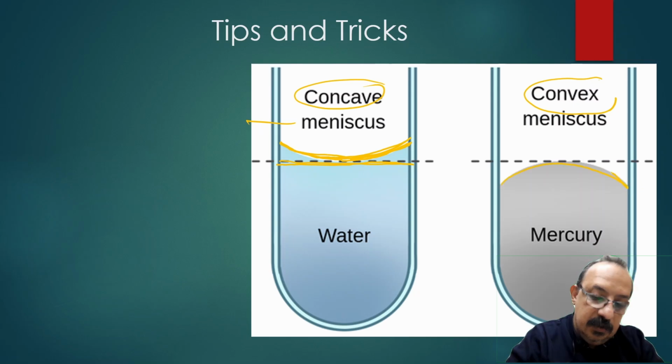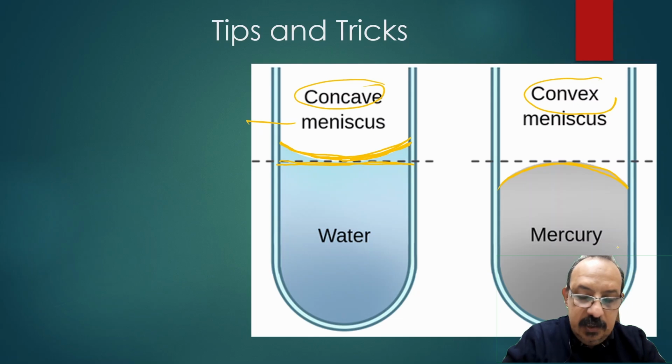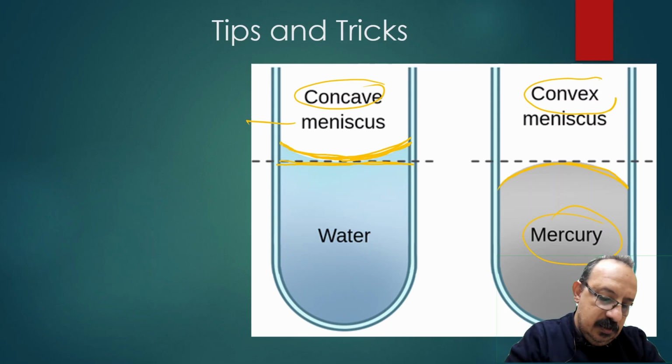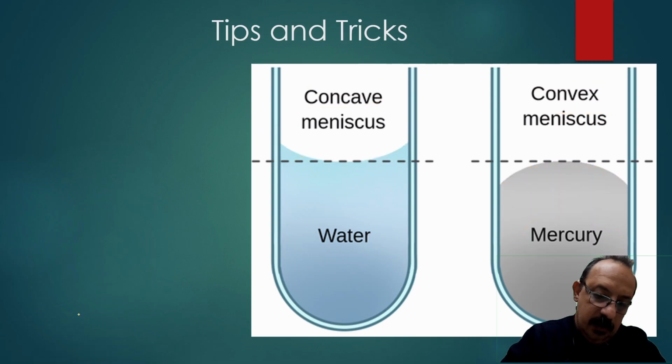The curvature looks like that. The convex meniscus, I have only seen it in mercury. All other liquids, typically the meniscus is similar to that of water. It looks like this.